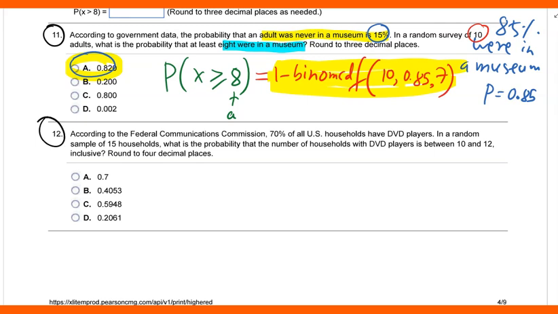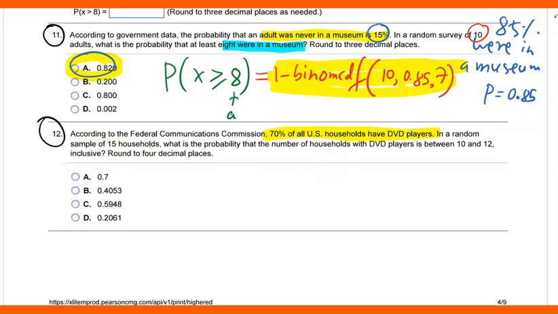Question 12. According to the Federal Communications Commission, 70% of US households have a DVD player. Okay, 70% have a DVD player. In a random sample of 15 households, what's the probability that the number of households with a DVD player is between 10 and 12 inclusive, rounded to 4 decimal places?